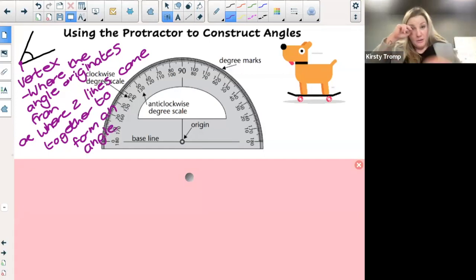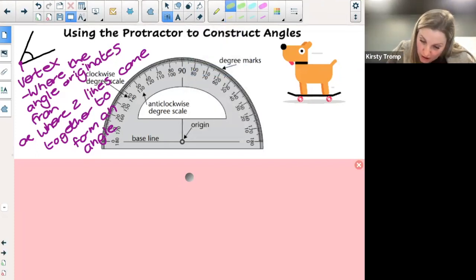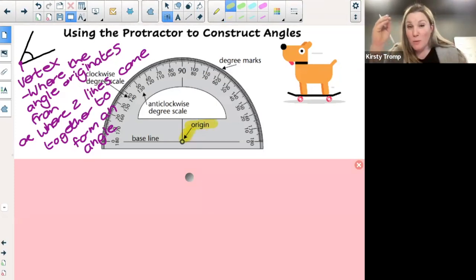Either you can say it's where an angle originates from, or where two lines come together to form an angle. So this point, the origin, is the point that we would place on the vertex of our angle.